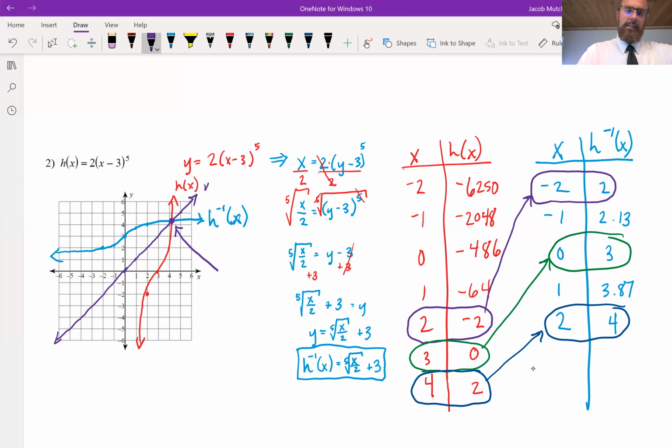Let's label it the identity as y equals x. And we should also see the reflection. If I were to fold the original over the identity, it would land directly on the inverse. Similarly, if I folded the inverse over the identity, it would land directly on the original. So definitely we can see, in addition to seeing the inverse relationship in the table and the equations, it shows up in the graphs as well.